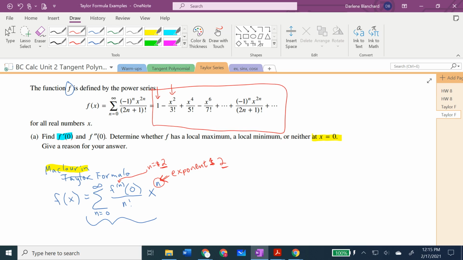If a function, or if a power series is representing a function, then it must follow the rules of the Taylor-Maclaurin formula. The only way for the exponent 1 to not be a term is for the coefficient of x to the 1 to be 0.